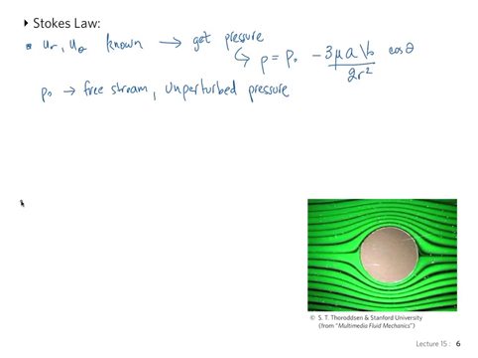and you see that the pressure deviation is proportional to the viscosity, and is antisymmetric, being positive at the front and negative at the rear of the sphere because of this here, right?